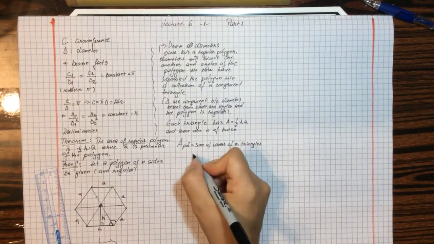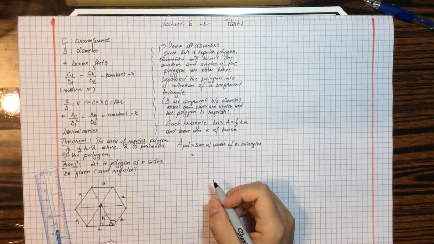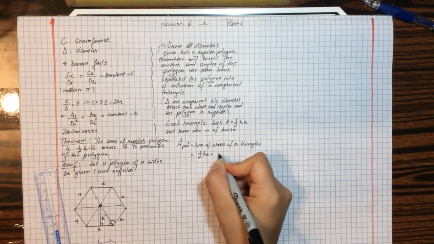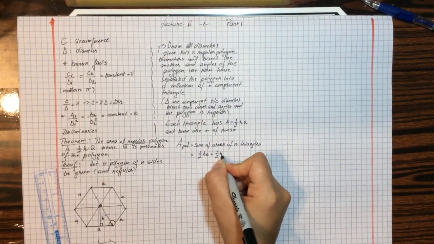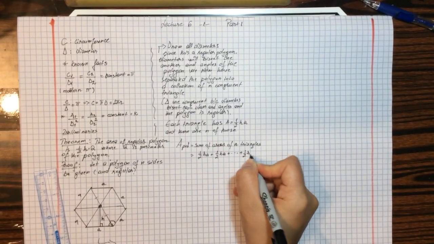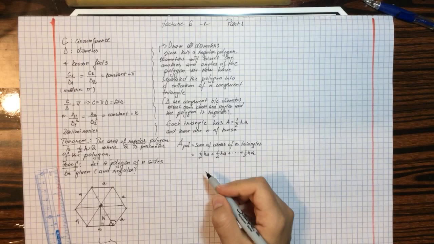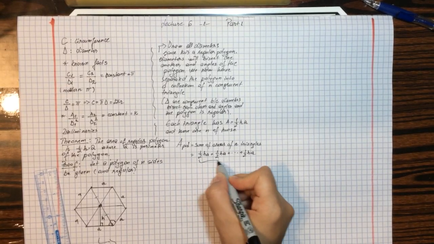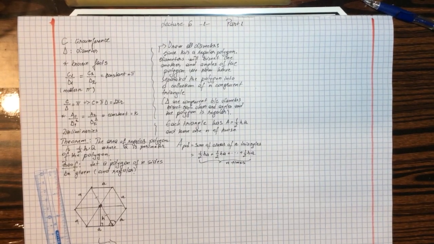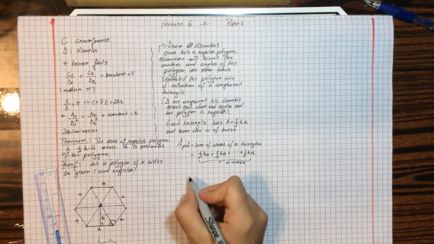In this case, we should have 1/2 ha plus 1/2 ha plus 1/2 ha, n times, since we have n triangles.